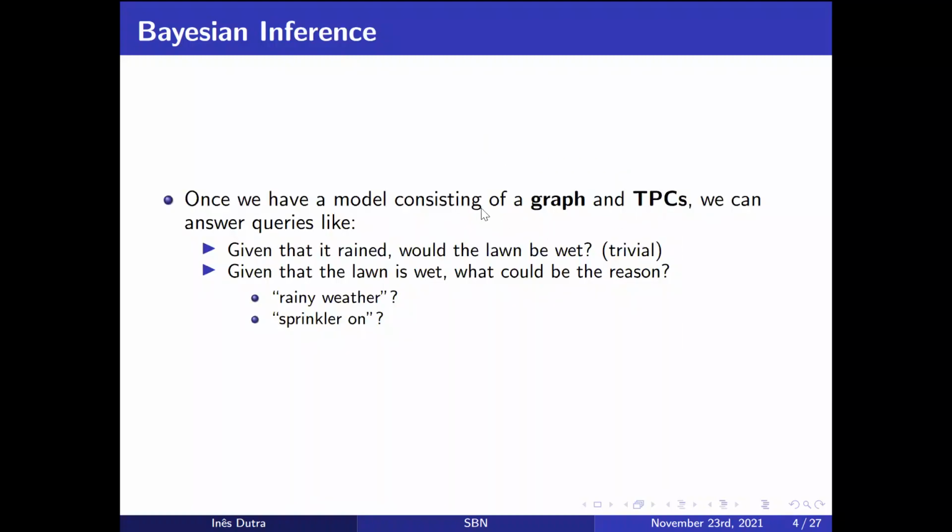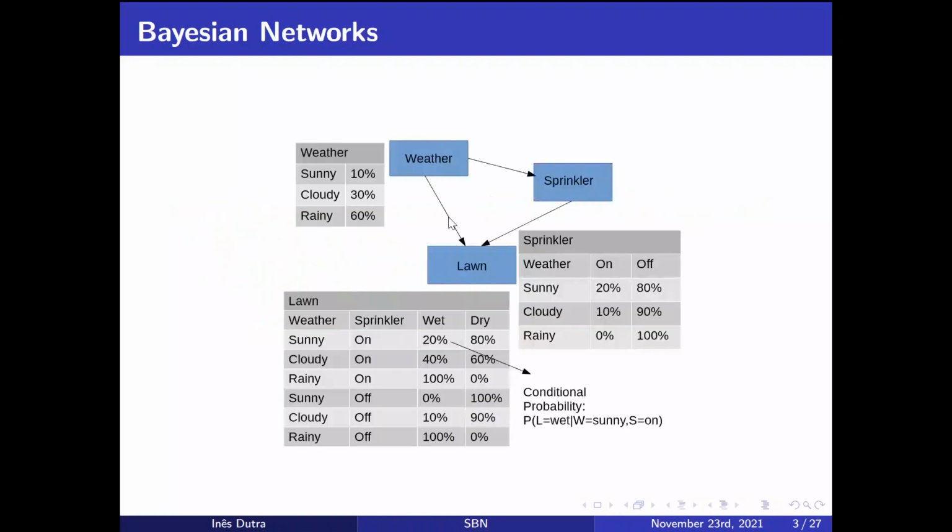So once we have this model built, that can be manually built or automatically built, consisting of a graph and the conditional probability tables, we can answer queries like, given that it rained, would the lawn be wet? This is trivial from these tables here, because if it's raining, the lawn is influenced by rain and sprinkler, but if it's raining, the sprinkler doesn't have importance, because it's 100% either for sprinkler on or for sprinkler off.